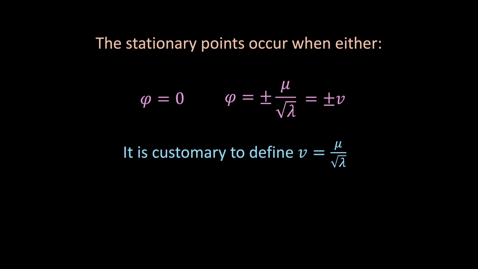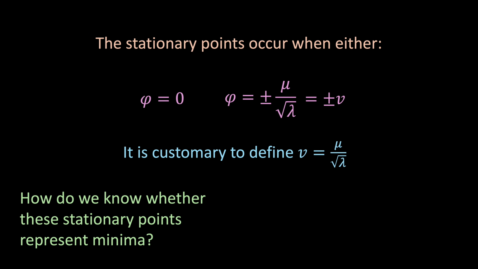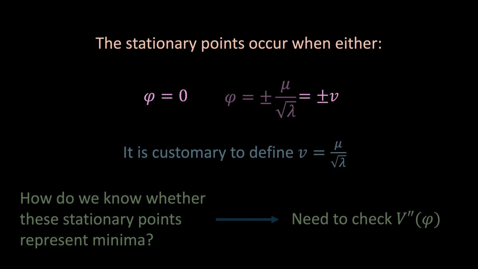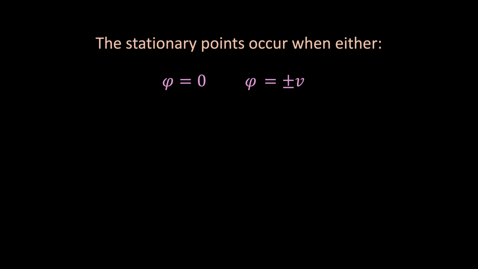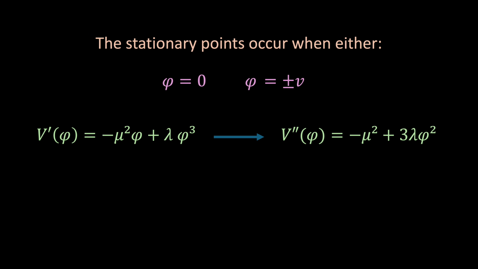Okay, so now we found the stationary points of our Mexican hat potential, but how do we know whether these stationary points represent minima? To answer this question, we need to check the curvature of the potential and see whether it is positive or negative. If we take the expression we calculated earlier for the first derivative of the Mexican hat potential, and then differentiate again, we find minus mu squared plus 3 lambda phi squared.